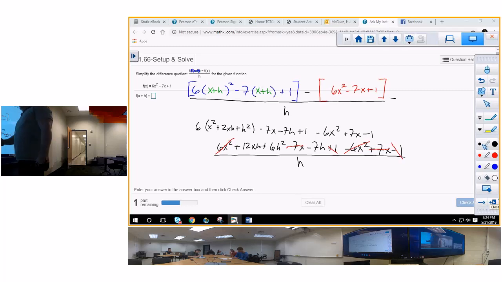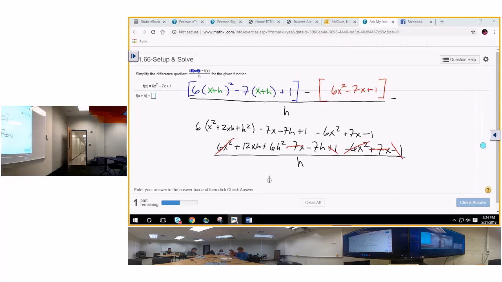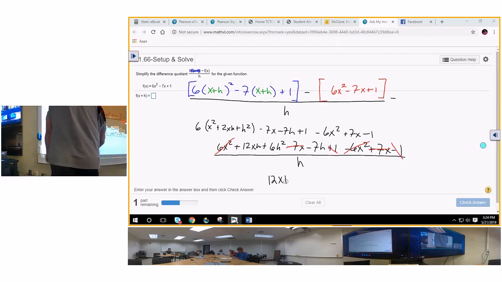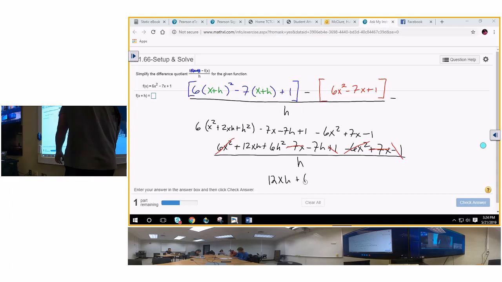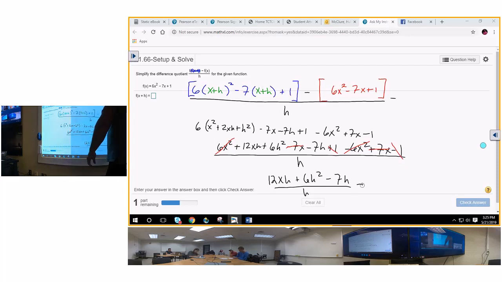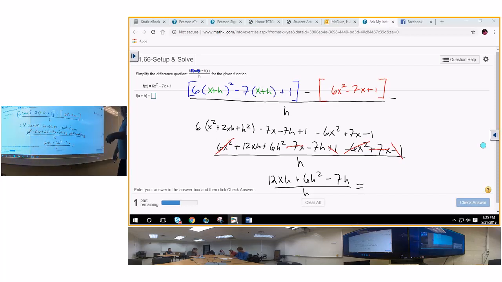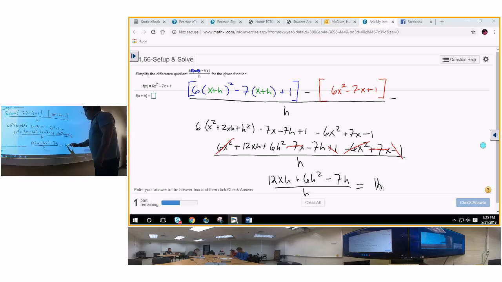That's going to give you 12xh plus 6h squared minus 7h over h. And whether you cancel with it being in the denominator, or you factor out an h, that's going to give you 12x plus 6h minus 7.